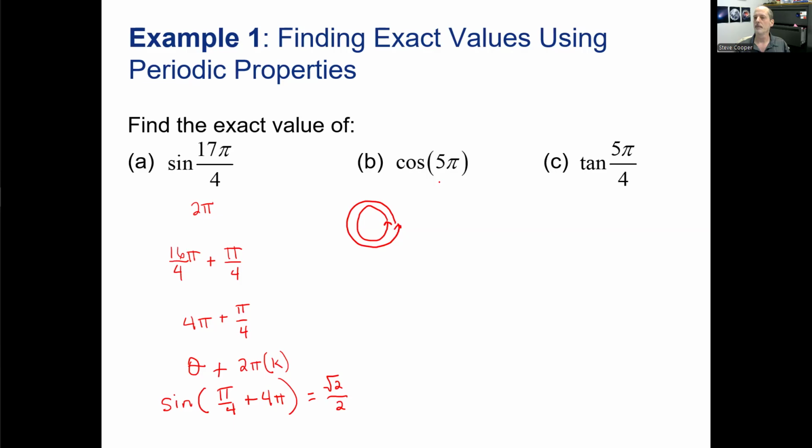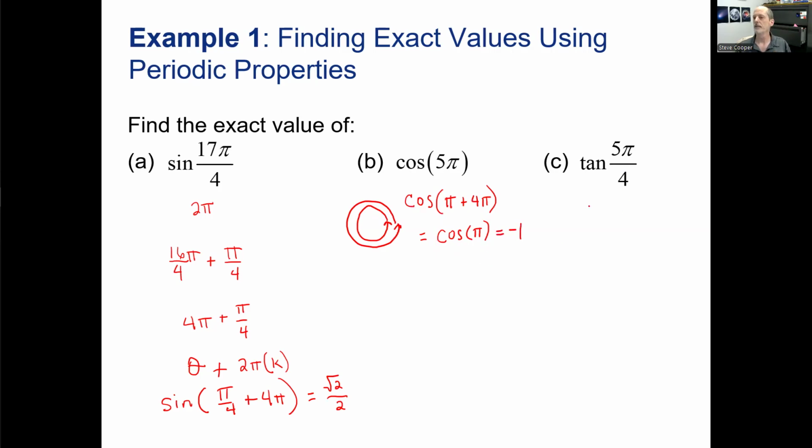And now I've only got 1 pi left to go. So I can rethink this as the cosine of pi plus 4 pi. And that's equal to the cosine of pi. Okay, and we know from the unit circle again that the cosine of pi is -1.